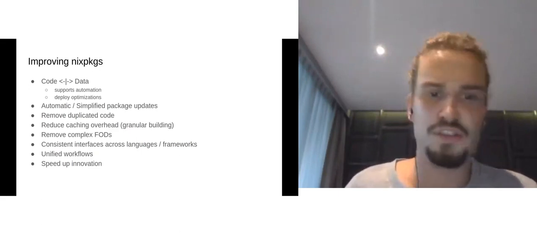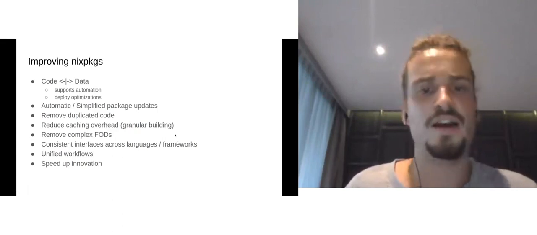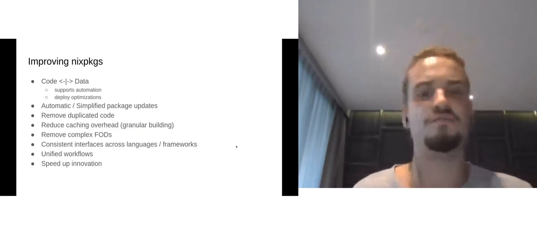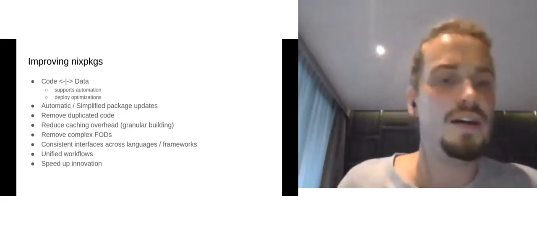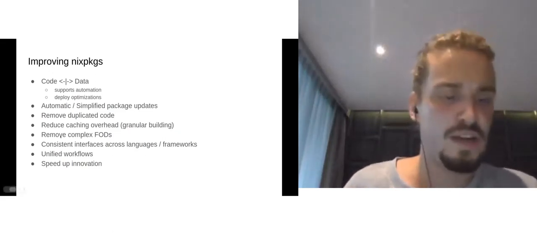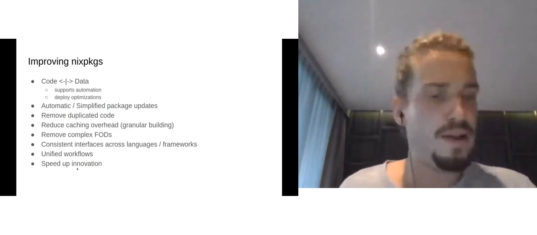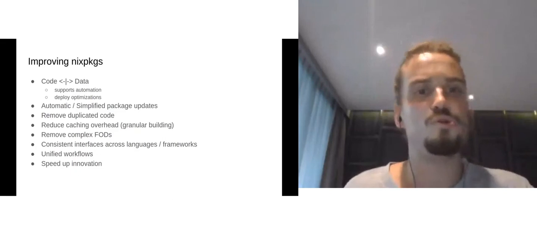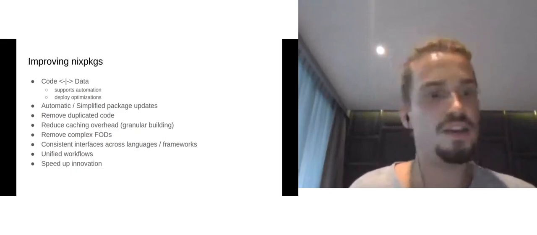One goal is to have consistent interfaces across different languages and across different frameworks to make it easier for people. Once they learn how to update stuff with Python, they can easily also do it with JavaScript. So yeah, unified workflows, kind of the same thing. And in general, one major goal is to speed up the innovation, since we have a common basis where we can try different approaches, try new Nix features.